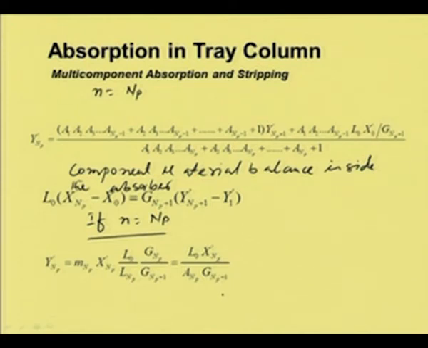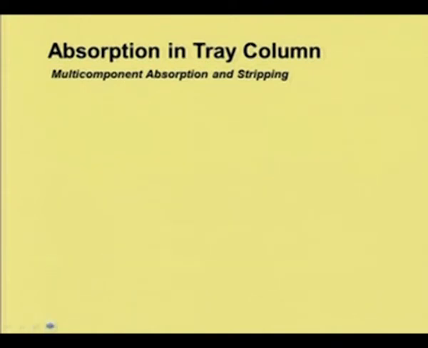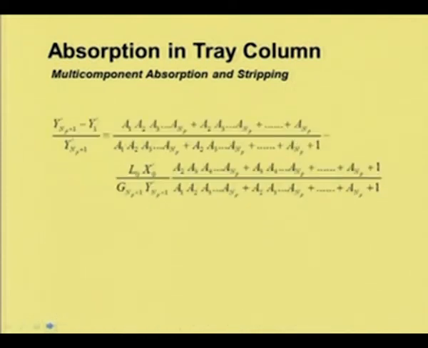Now, if we eliminate x n p dash from these two relations, and then substitute the earlier y n p dash equations, we can obtain the equation for the absorber. So, this is the absorber equation, and this is called the expression for fractional absorption of any component.